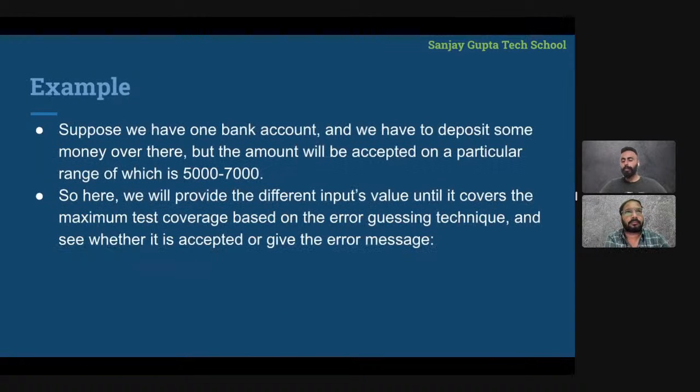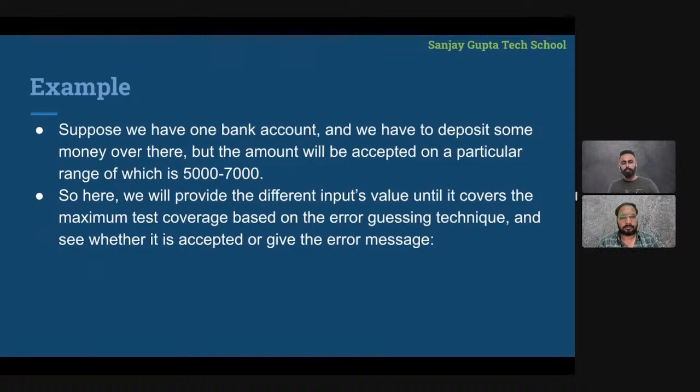An example: let's say there's one bank account and we have deposited money, and the acceptable range is only 5,000 to 7,000. In order to check the right range, we would input various values. For starters, we would input 5,000.